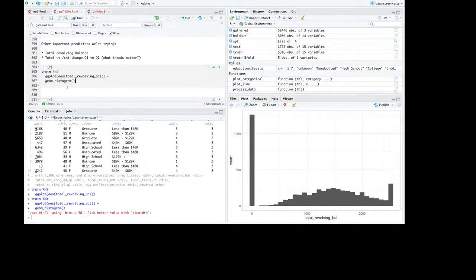So what that means is that if I want to look at the rates, I'm going to group by balance bucket, which is a cut of total revolving balance into 0, 1, 1,000, 2,000. It kind of locks out at 2,500.